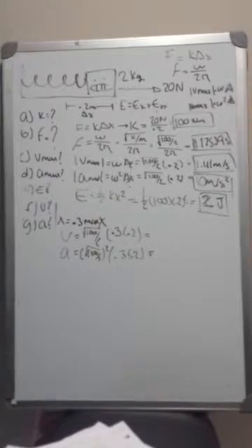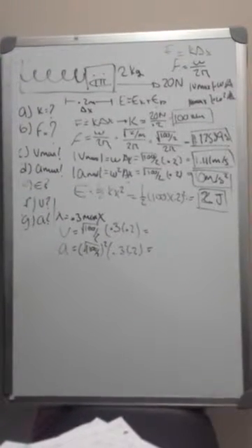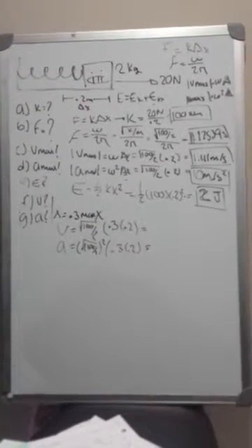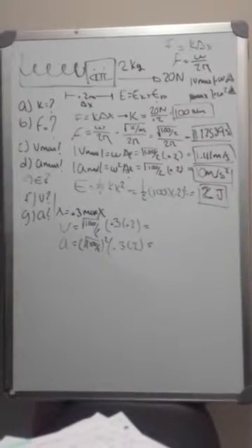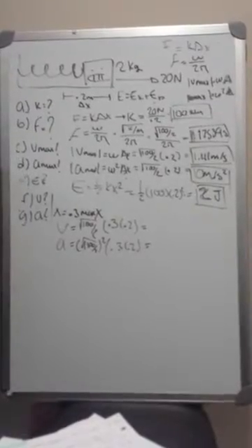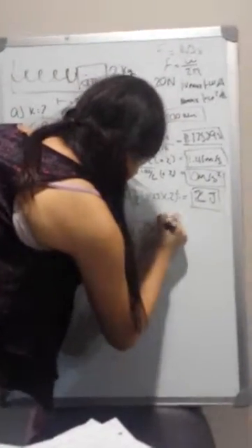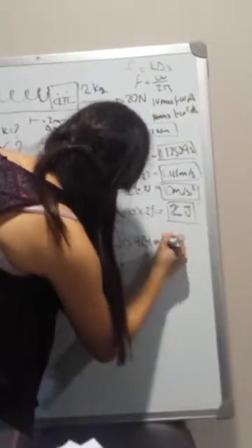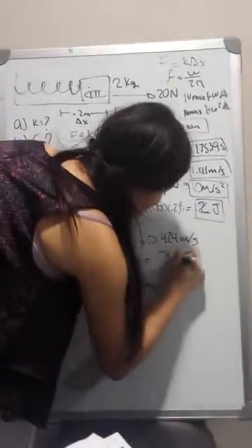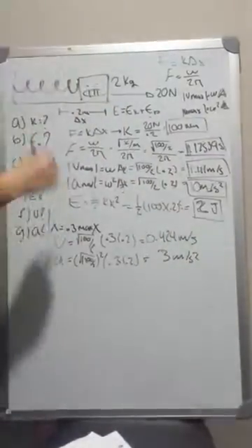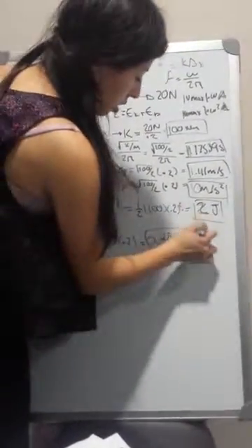The velocity is 0.424 meters per second, which is less than the maximum velocity, as expected since it's not the maximum. The acceleration is 30 meters per second squared, which is also logical because our maximum acceleration is larger than that.